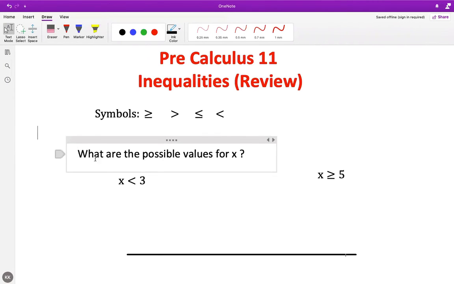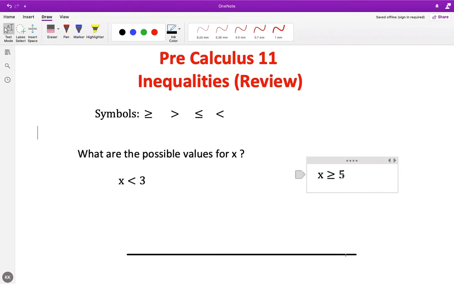So the first thing you're going to know is the possible values for x below. We have two inequalities here: x less than 3, and x greater or equal to 5. I want to know the possible values for each. First, x less than 3. We know that x could be equal to 2, x could be equal to 1, x could be equal to 0, so basically these are all the possible values for x which is less than 3.